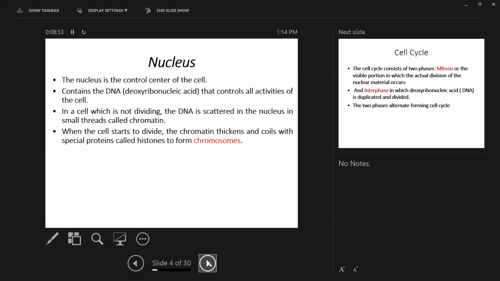Now, the DNA in every cell is identical. Every cell in our body has the same DNA. The cheek cell, the liver cell, the skin cell, the simple cuboidal cells, the stratified squamous epithelial, the pseudostratified, simple columnar ciliated cells, all the DNA is identical.